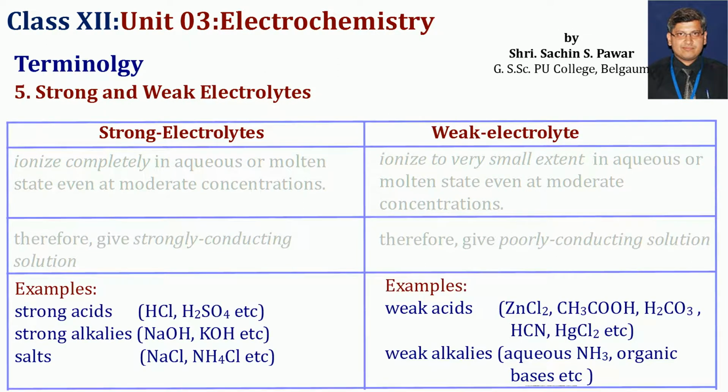Examples: all strong acids, strong alkalis and salts are strong electrolytes. Examples you can see on the screen, while all weak acids and weak bases are weak electrolytes. The examples are on your screen.